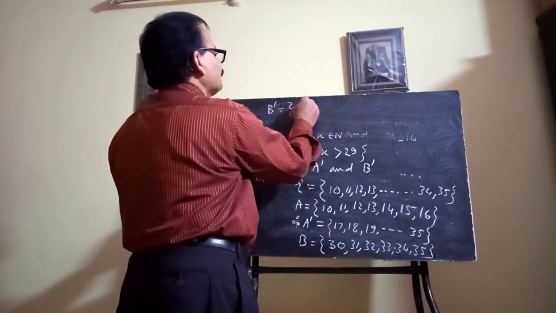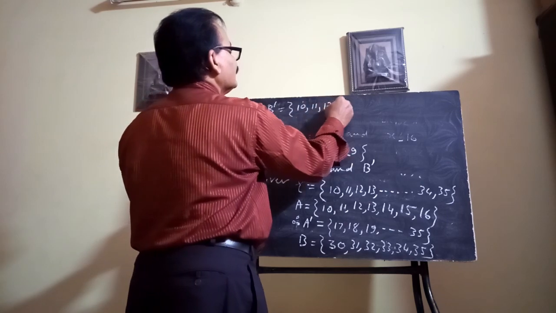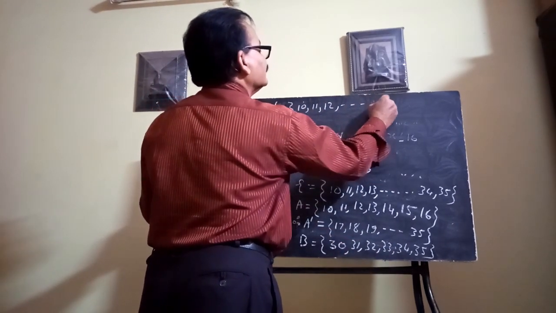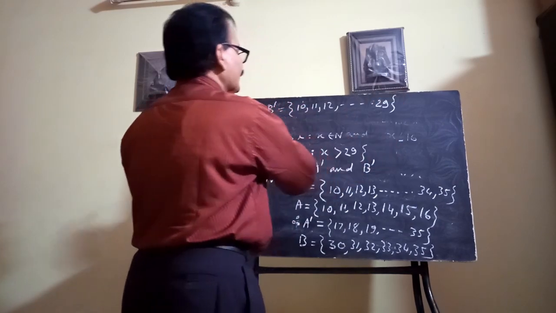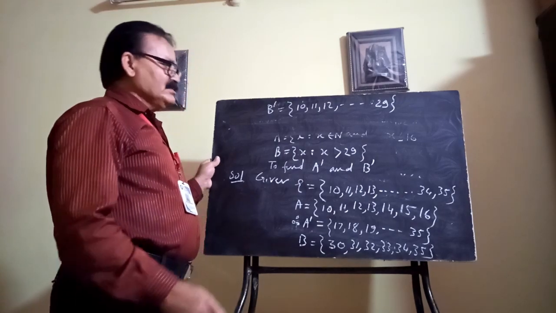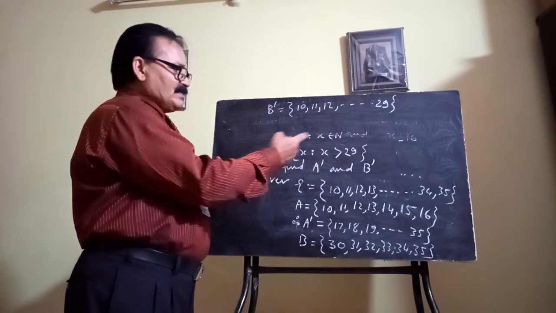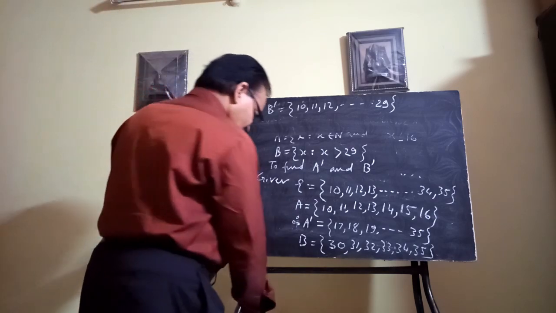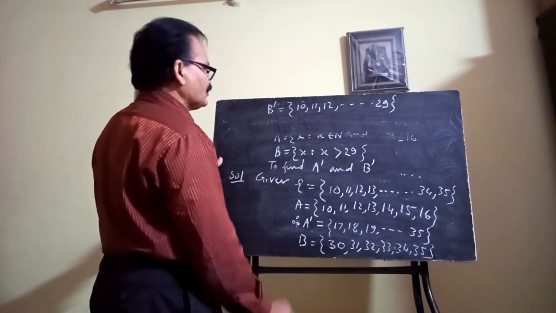So it will start from 10, 11, 12, and last is 29. So this will be your B complement. In this way you have to find the A complement or B complement or whatever it will be in the given set.